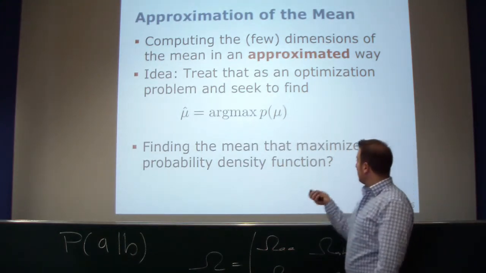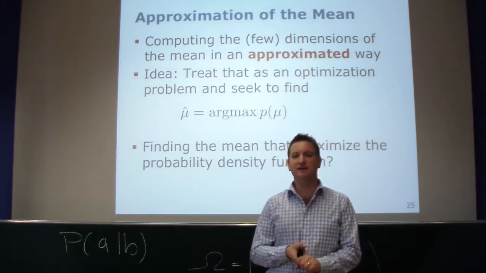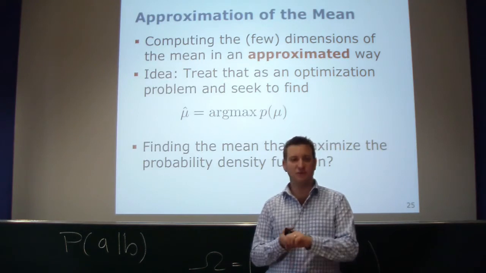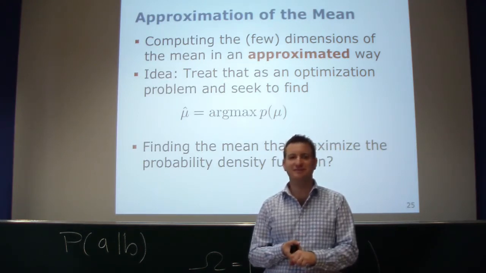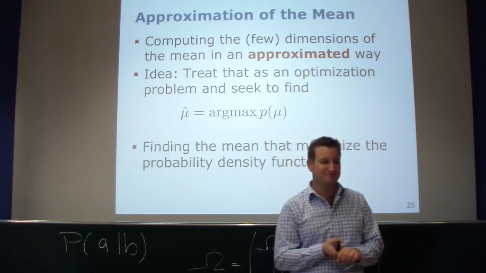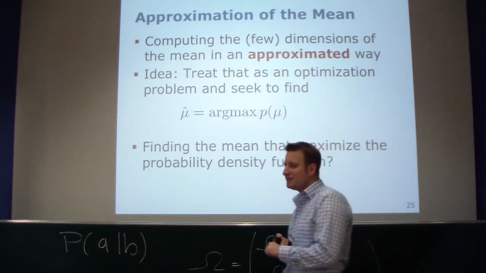So how do you find the mean that maximizes this probability density function? How do you find the maximum of a function? Take a derivative. Compute the first derivative. Set it to 0. So after setting it to 0, what do we need to do then?